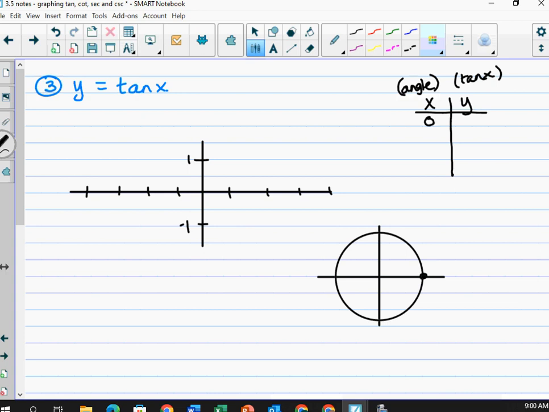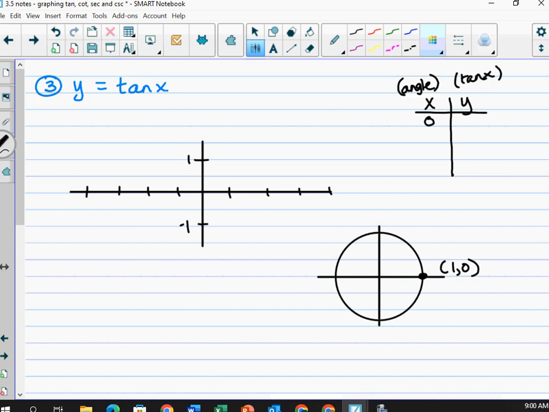So we're over here on this little unit circle. My ordered pair is 1, 0. What is the tangent at 0? Zero. It's y over x, remember? Evaluating those trig functions.